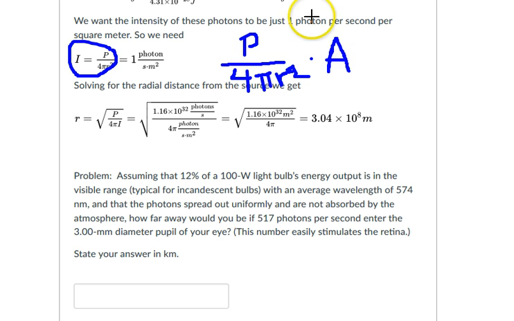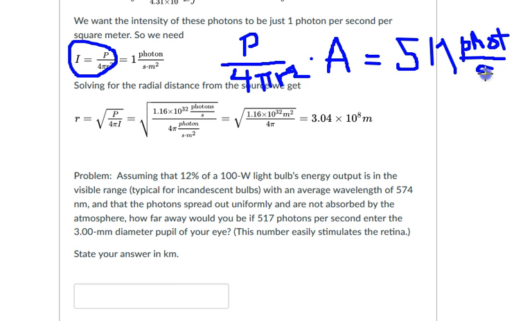That tells us how many photons per second are entering the eye, and we're going to set that equal to 517 photons per second.